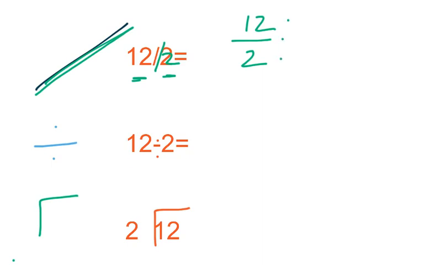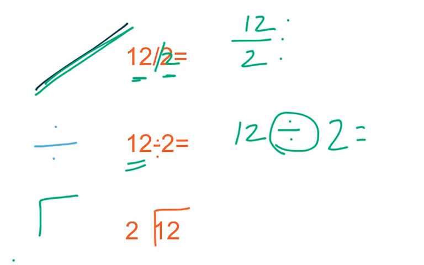You could have this little sign, the large number first, 12, divided by. This is the most common way to write a division problem. You write a line, almost like a subtraction line, and you put a dot on top and a dot on the bottom. That's the most commonly known sign for division. Divided by 2 equals.